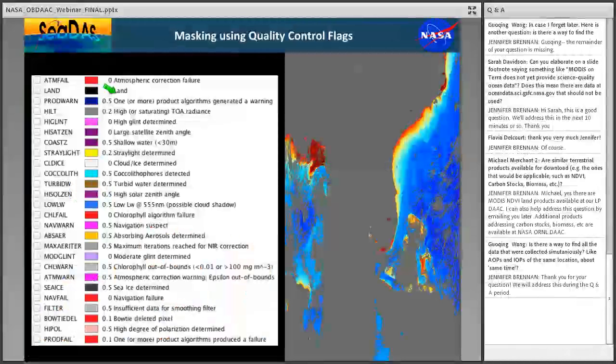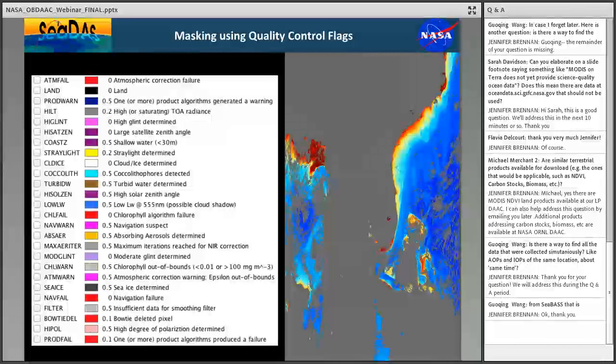So masking is a powerful tool to select and highlight data. Because SeaDAS is specifically targeted to using ocean color data, we want to make sure that you are using the highest quality data in your research publication or investigation. So we've made it utilize the quality control flags that tell you where we're uncertain of the quality of that pixel or the data return there.